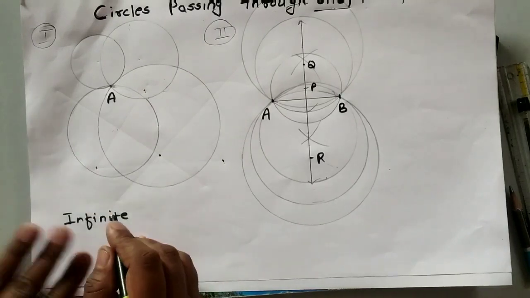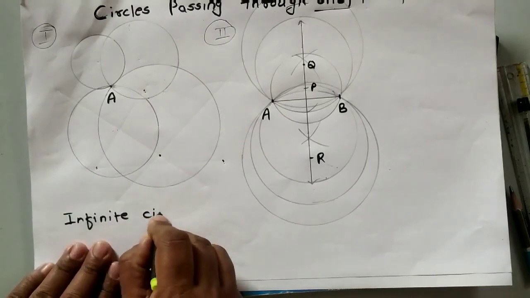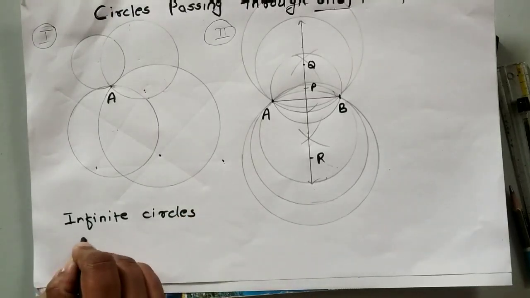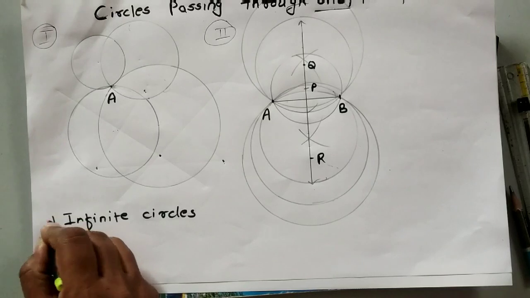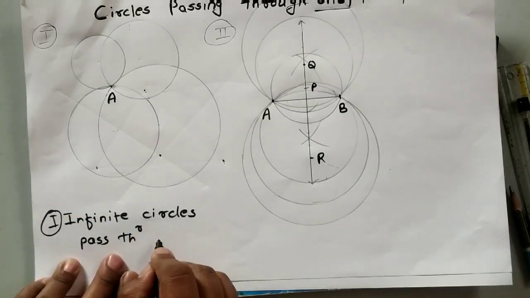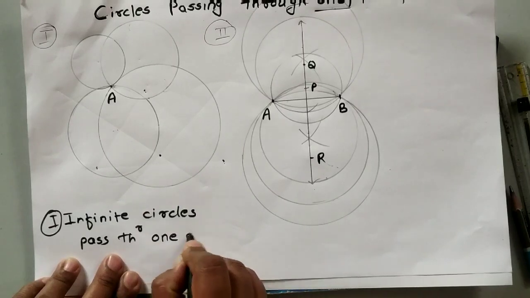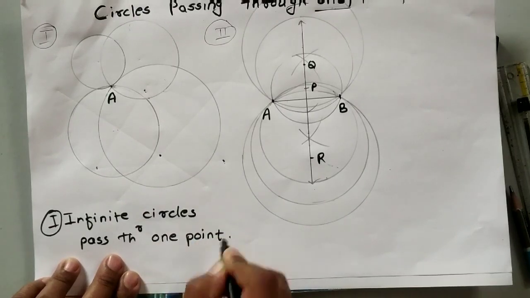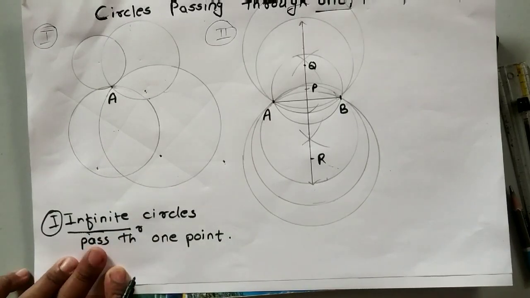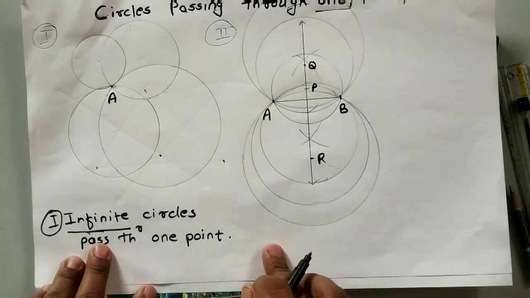For the first condition, infinite circles pass through one point. Okay, how many circles can we pass through a single point? That is, infinite circles pass through a single point.